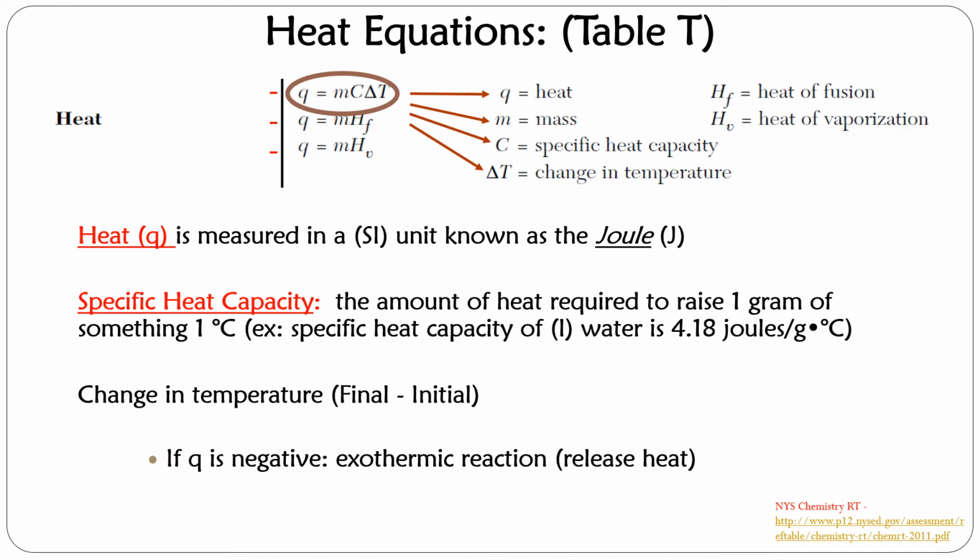That negative heat energy is telling you that heat is being released. If the value of Q that you get is positive, then that will represent an endothermic reaction because it will indicate that heat is being absorbed by the system. Heat was added into the thing in order for the reaction to get started. So that's one thing to keep in mind.